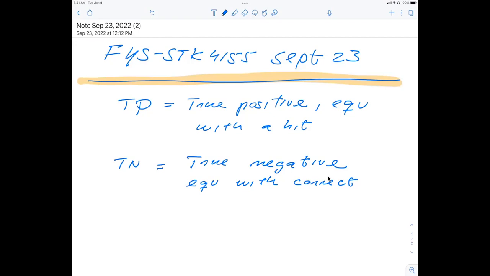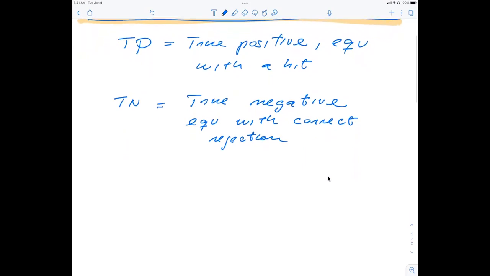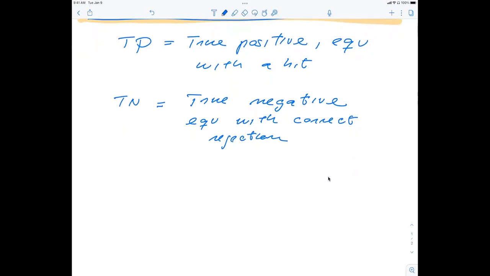So that's the way I would think of the data here. And true negative is equivalent with correct rejection, or negative result. Then we have a definition of the accuracy score. That's one of the standard scores which you would see, accuracy.